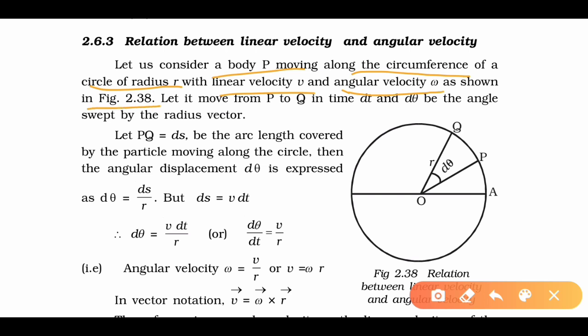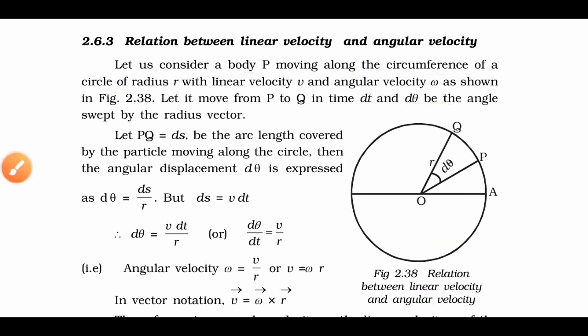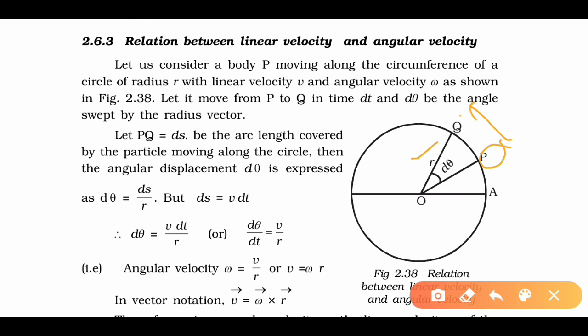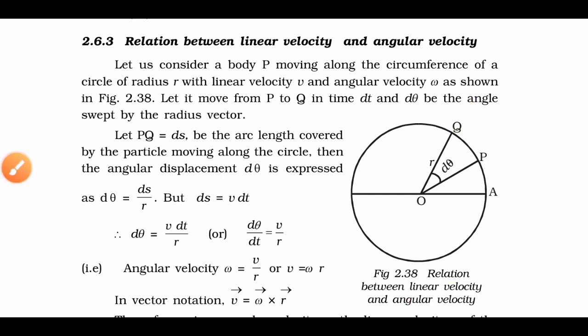You can see in this diagram we have a body moving in a circular path. The radius of this circular path is small r, and the body is moving from point P to Q.